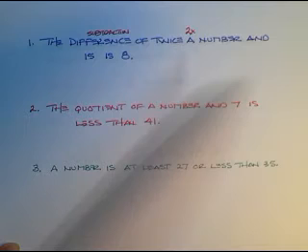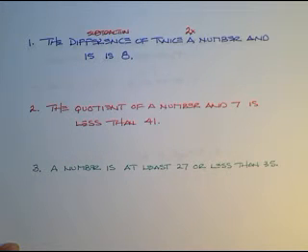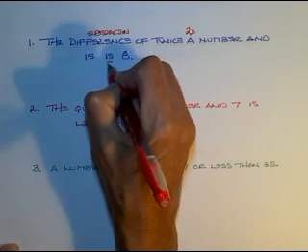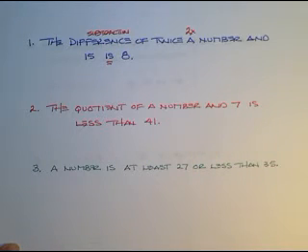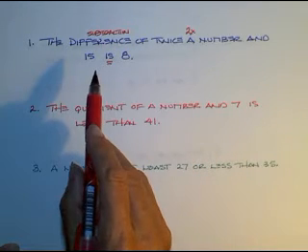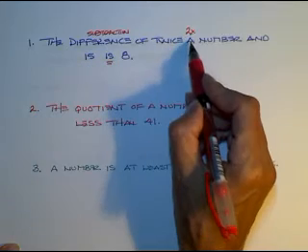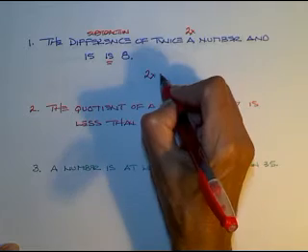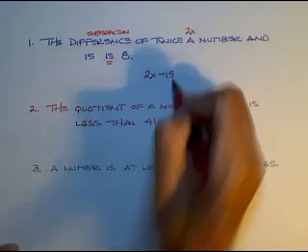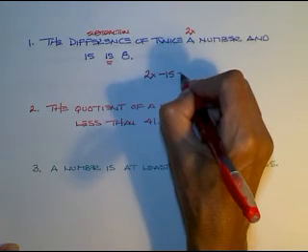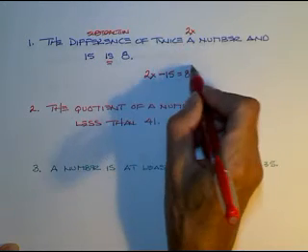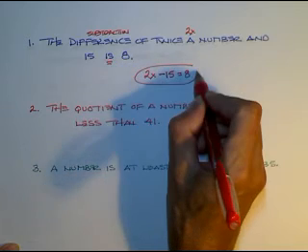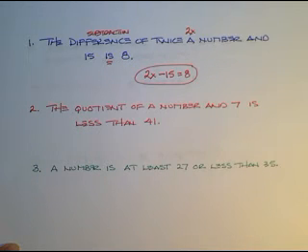So twice a number is going to be 2x. And we know that is means equals. So we know we're going to use subtraction. We're looking for the difference of twice a number and 15. So the difference of twice a number and 15 is 8. So we just took that verbal phrase and translated it into an equation.